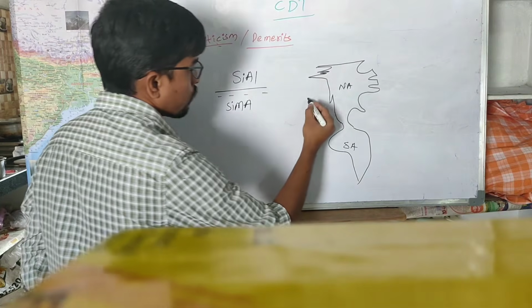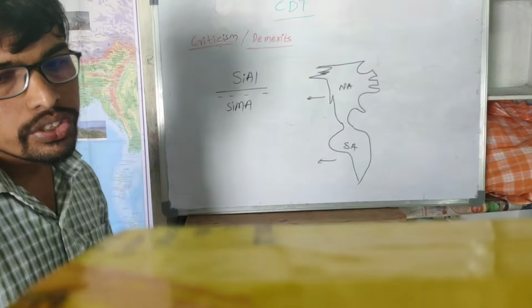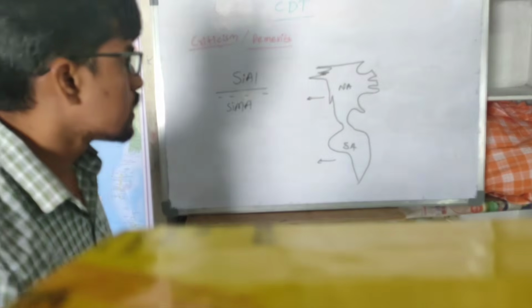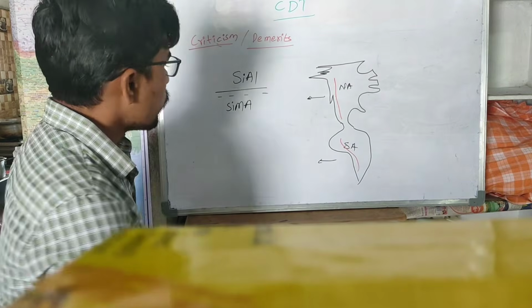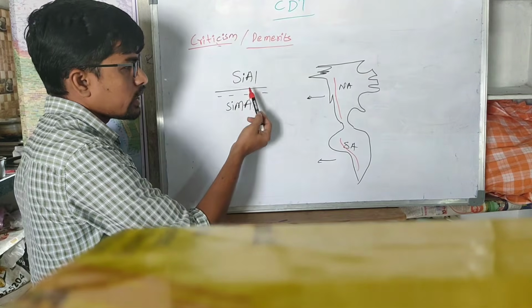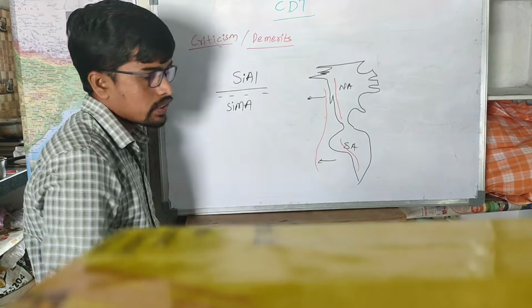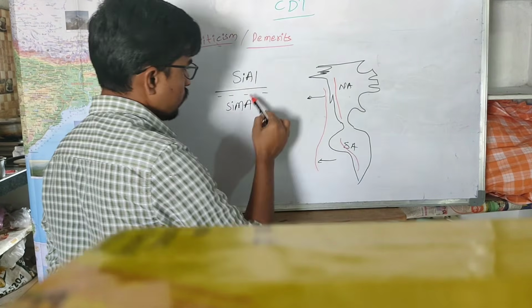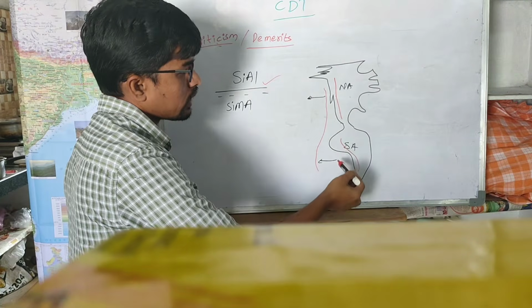When they are moving towards the westward direction due to the tidal forces, they started forming the fold mountains such as the Rockies and the Andes. So, according to Wegener, the Sial is always floating on the Sima. This was the Sima, the oceanic crust. This was the continental crust, so it was the Sial. So, Sial is always floating on the Sima.